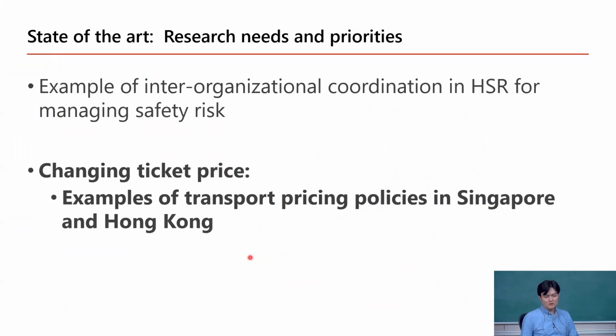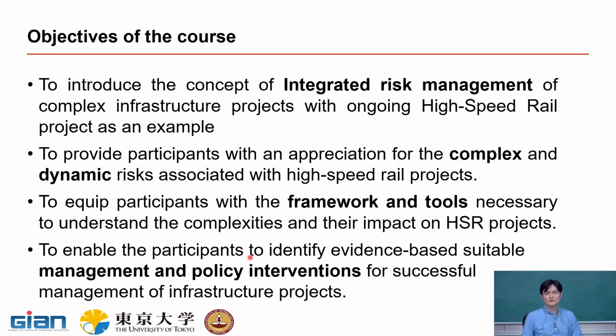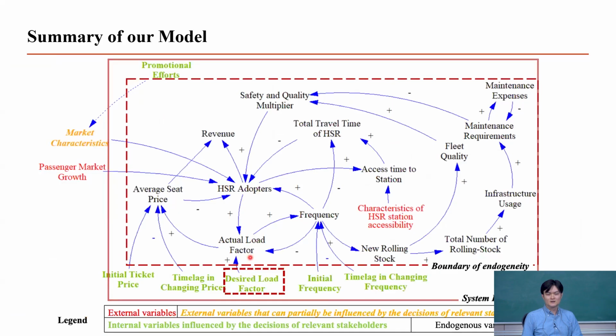This is also quite complex, but this is our simplified version of what we think is a very good model that enables us to simulate HSR adoption in a general context. We used Taiwanese data to validate it, but we think the structure holds true for India as well. Okay.